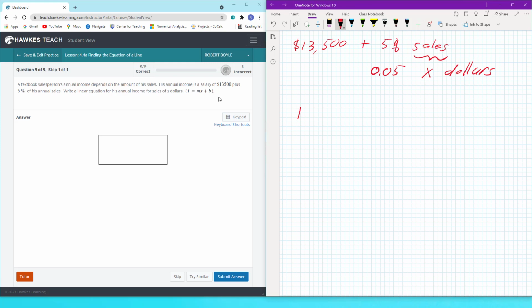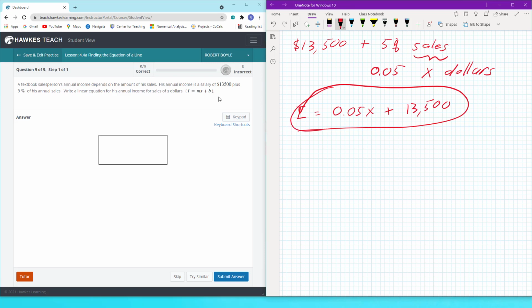So for every dollar he sells, he's going to receive 0.05. So if he sells X dollars of stuff, he will receive 0.05 times X dollars. On top of that, he's going to receive the base salary of $13,500. And that is the equation.